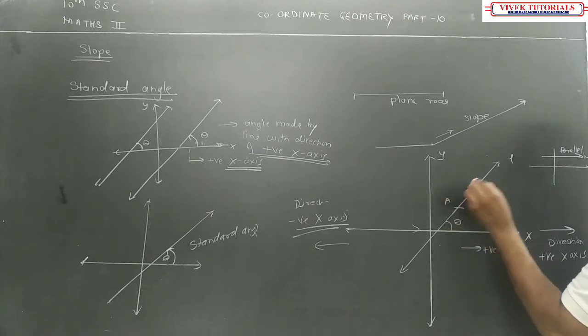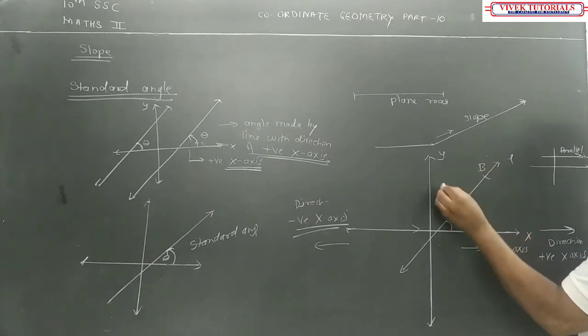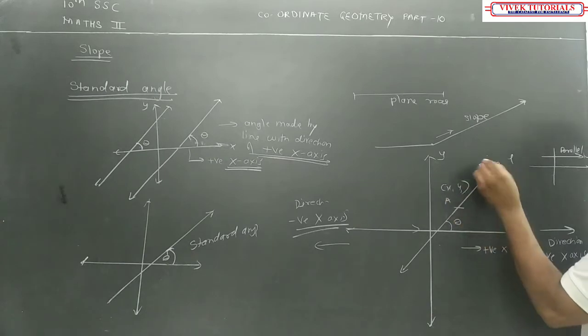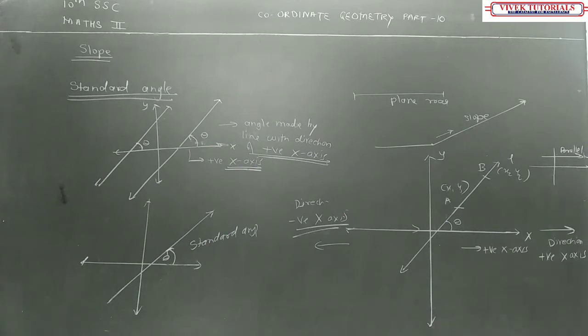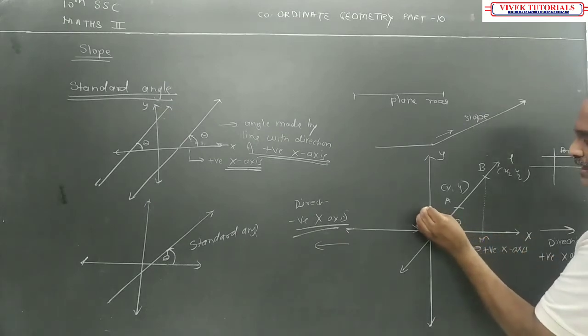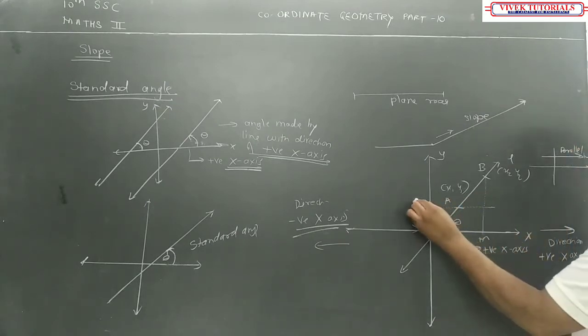We take 2 points. See, point A is x1, y1 and B is x2, y2, and I have to find out the slope of this line. This concept is very important. From here, if I draw a perpendicular, say M, and from here I can draw AM.